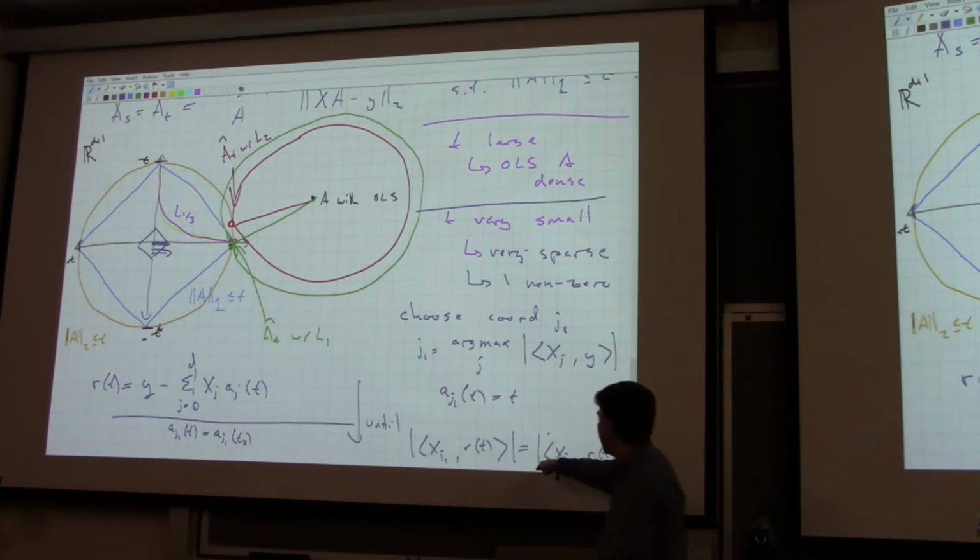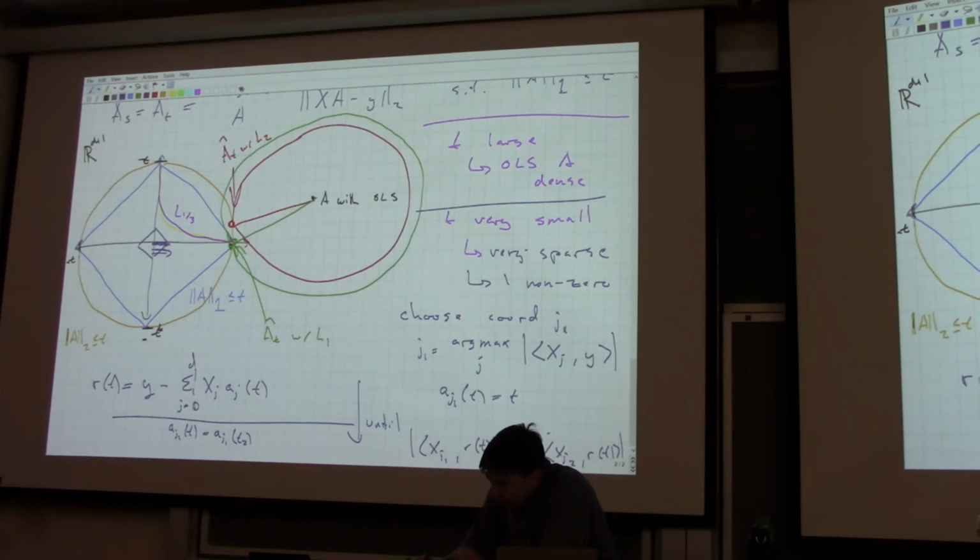So this happens at time t2, plus (t minus t2) times b1, and a_j2 of t is going to be equal to (t minus t2) times b2.